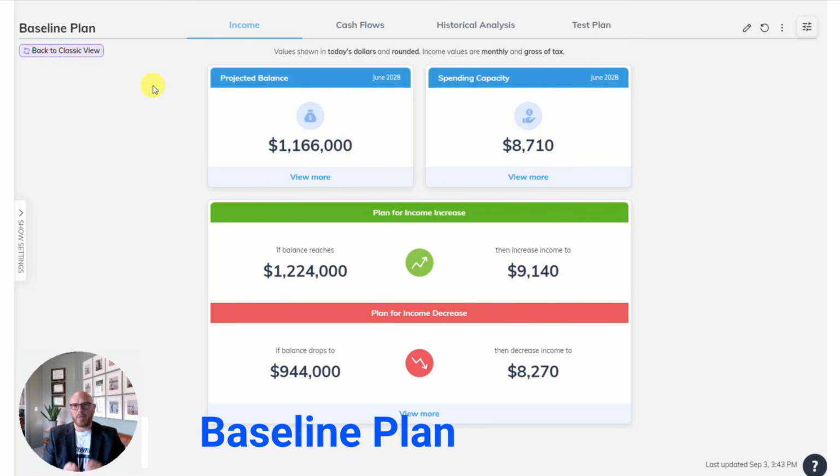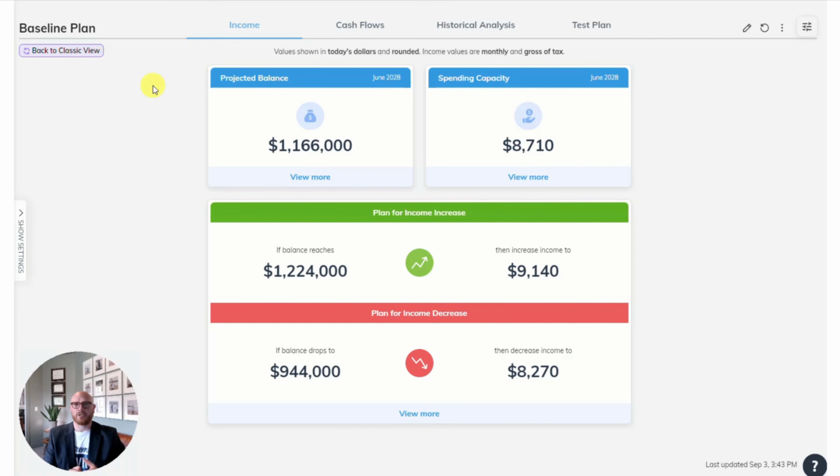We create a baseline plan so that we can establish whether we're in the right ballpark, whether early retirement is a possibility, or whether we need to make some big changes in our assumptions, whether it's our expectations for income, retiring later, or saving more today than we're currently saving. It gives us that starting point where we can begin to iterate on the plan and implement strategies to improve our overall chances of success with early retirement.